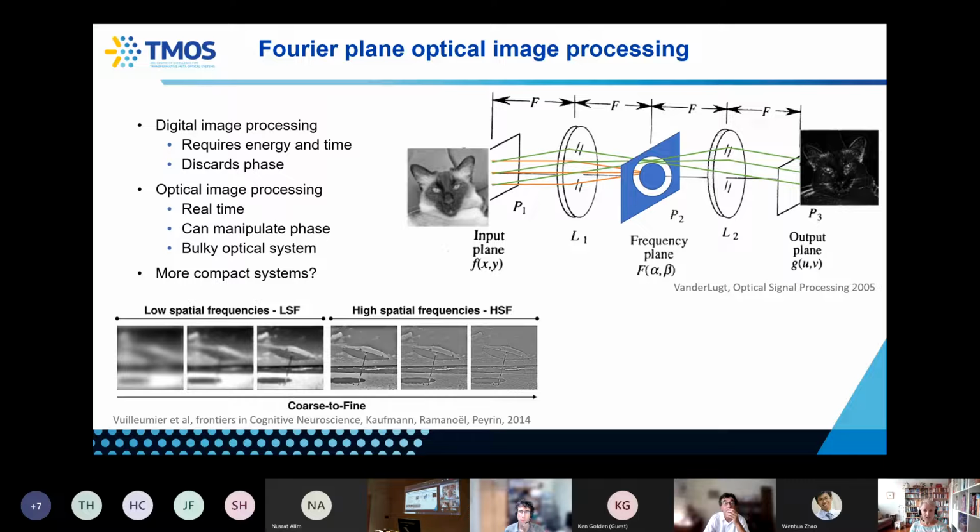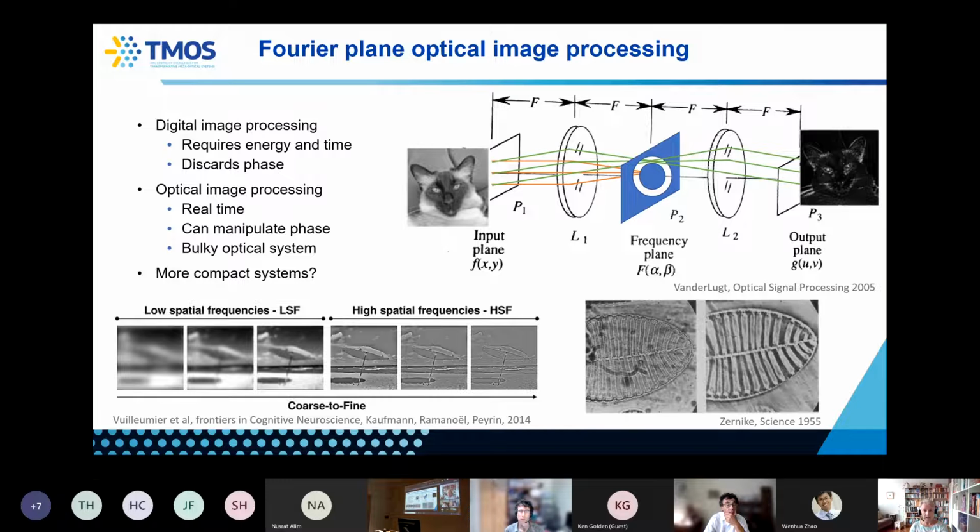Now, this can be used to image phase objects because the Fourier transform in this plane is the full real optical field. And so if phase elements are introduced here, such as is the case with Zernike phase contrast, one can significantly enhance the intensity contrast of samples with relatively weak absorption.